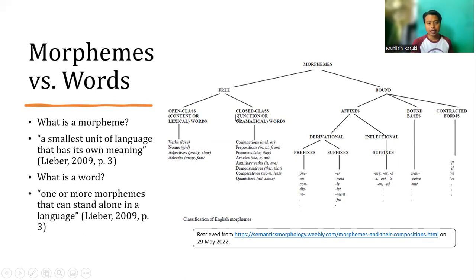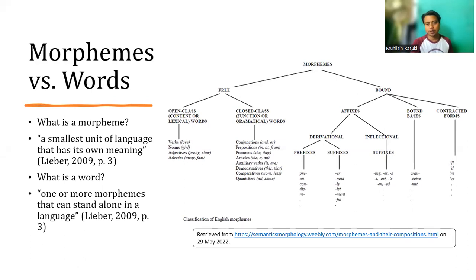For closed class or functional words, all words belong to these parts of speech: conjunctions such as and, or; prepositions such as in, at, from; pronouns, articles, auxiliaries, demonstratives, comparatives, and quantifiers. So you may have a question: what is the difference between open class and closed class?